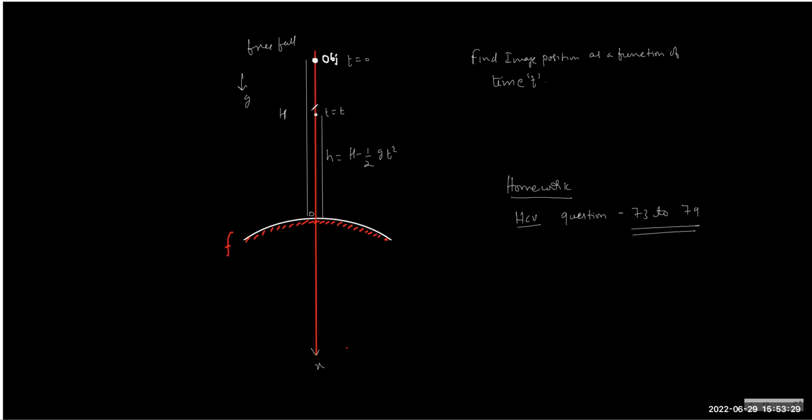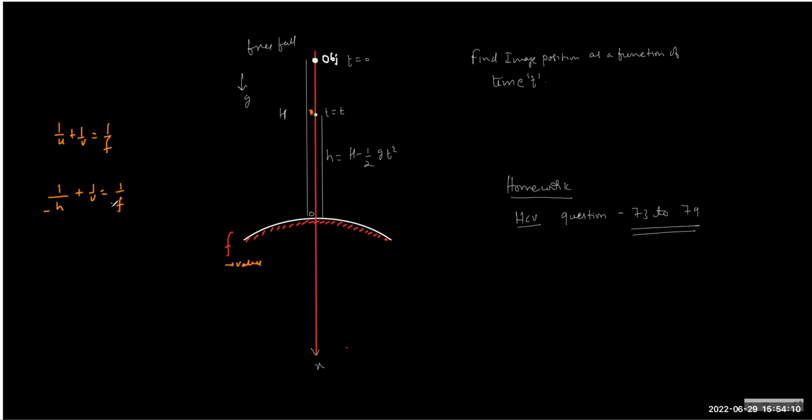So at any instant the object is here. You can see the position. You can just use the UV formula if you want. It's easy. Take f as the value. You can put the sign accordingly. So u is how much? Minus. Okay, what we need is, sorry, we need a relative velocity. What you're asking is the image position. Yeah, that's right. So minus h, and this is which mirror?